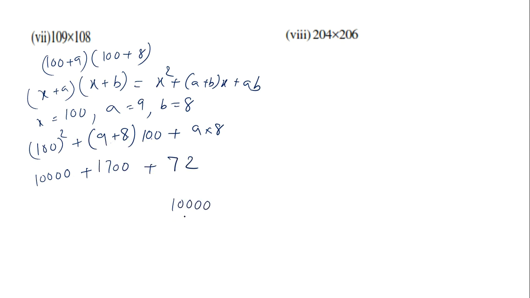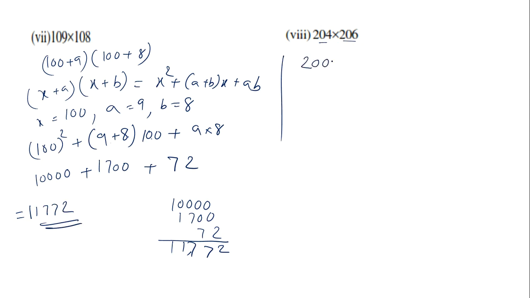So 10,000 plus 1700 plus 72. The answer is 11,772.